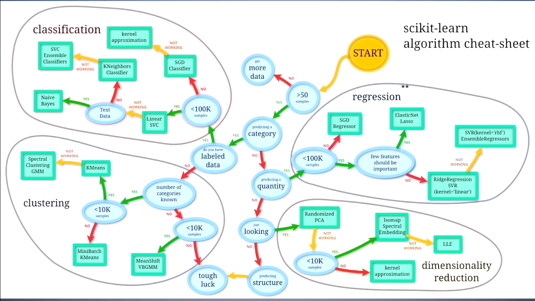I mean, what kind of problem do you have? Do you have a classification problem, clustering, regression, or dimensionality reduction? Once you figure out what your problem is, then you can play around with the different algorithms. For today, we are going to deal with a classification problem, and the person presenting after me, Sarah, you'll get a chance to see what to do during a clustering problem.